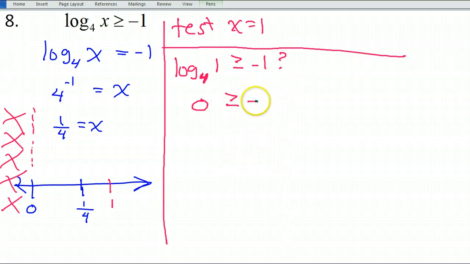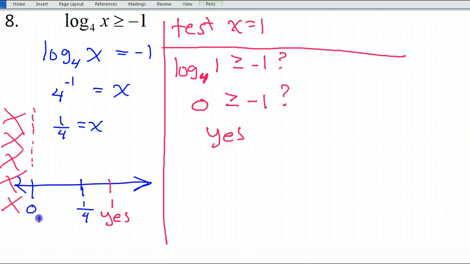This is a question mark. Is this greater than or equal to -1? Why, yes it is. -1 is further to the left on the number line, so 0 is bigger than -1. That means yes, the solutions are over here.